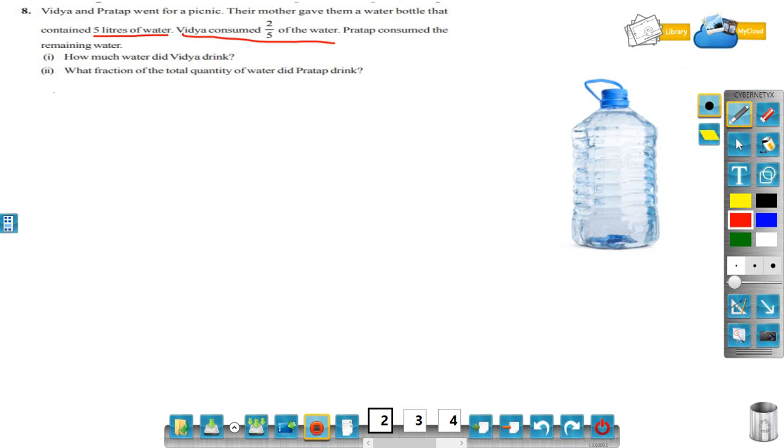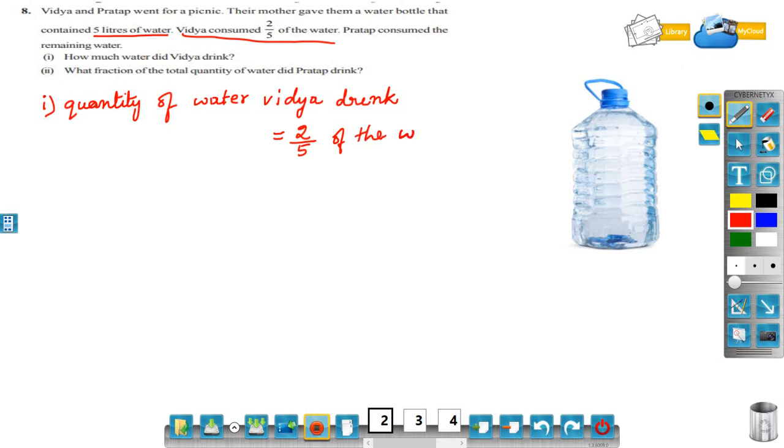Now, first we have to find the quantity of water Vidya drank. Here it is given that Vidya consumed 2 by 5 of the water. I told you, we are using "of" as a multiplication.